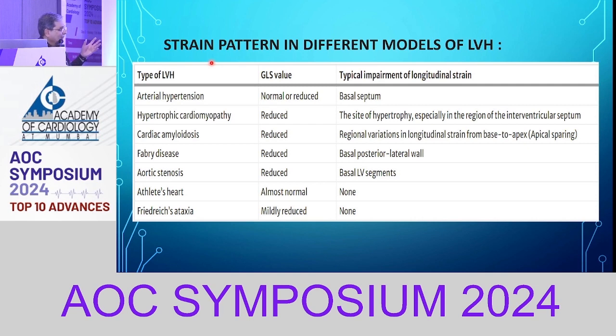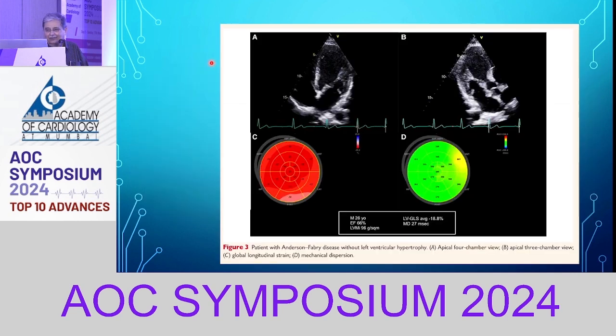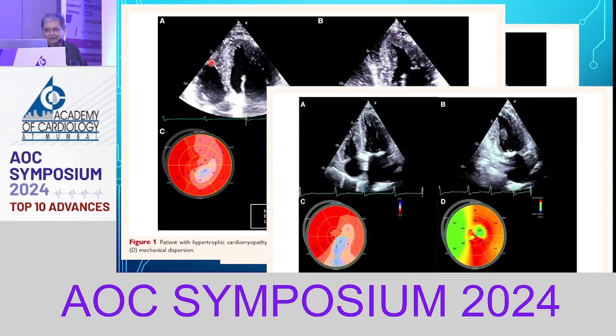So it has normal global longitudinal strain. It has no mechanical dispersion. So these are the type of people whom you can easily say is a safe patient of LVH. From other patterns, you can identify the various disease patterns. So this is the recent advance that we have in LVH, in assessing a thick ventricle.